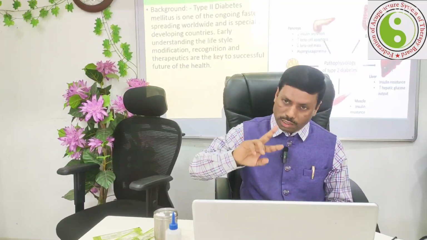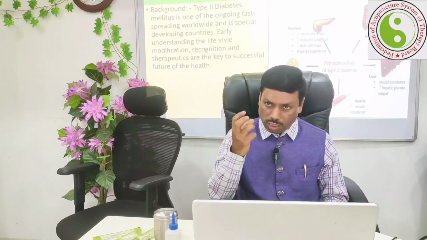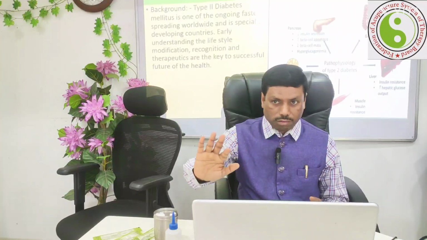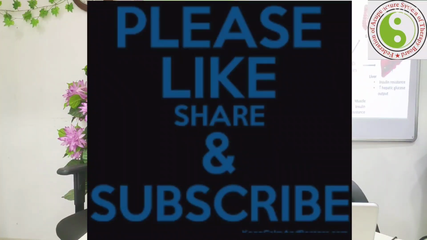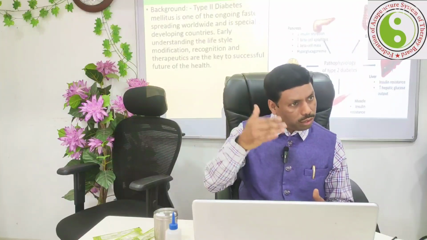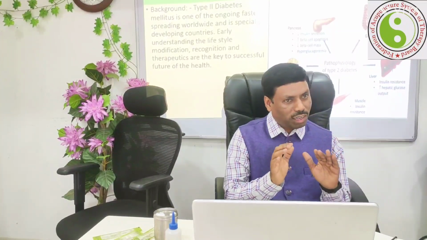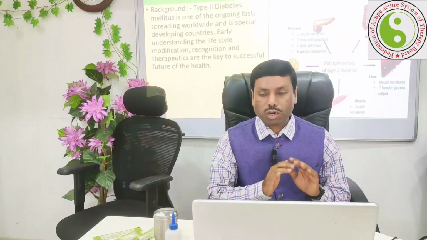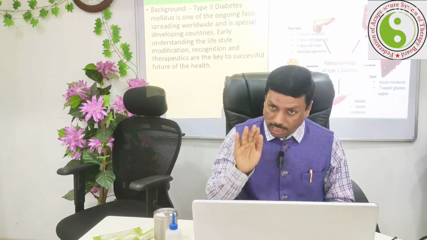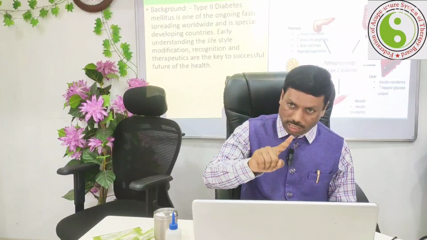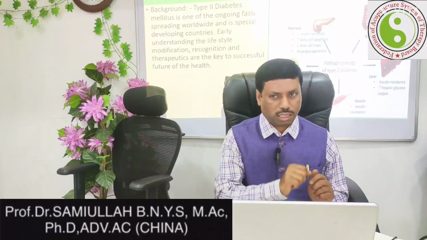However, the minimum quantity of insulin that is adequately required is produced in our body for those who are non-diabetic. Those who have diabetes, the production level is lesser than what is required. When it is lesser than normal, that is considered type 2 diabetes mellitus.